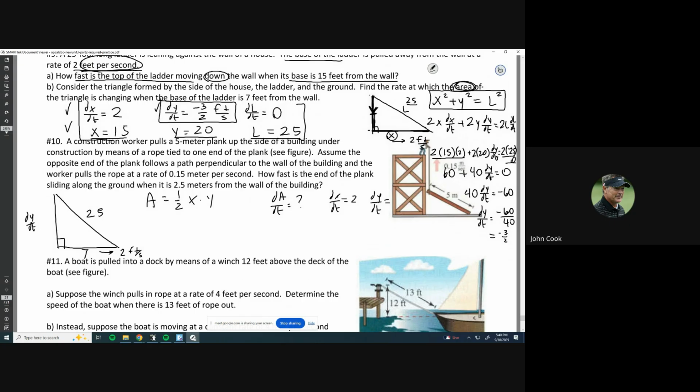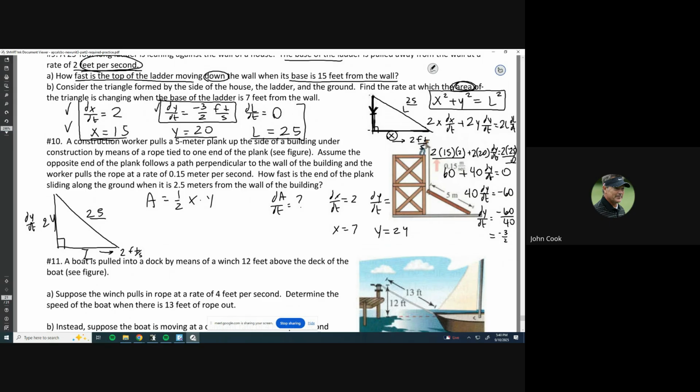If I know that side is 25, I can find this y value because it's still a right triangle, so I can use the Pythagorean theorem again. 7 squared plus y squared is equal to 25 squared. This is a 7, 24, 25 triangle, so 24 would be that side length over there. So y is going to be 24 when x is equal to 7.